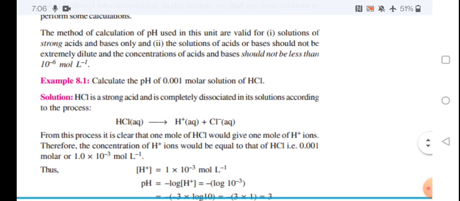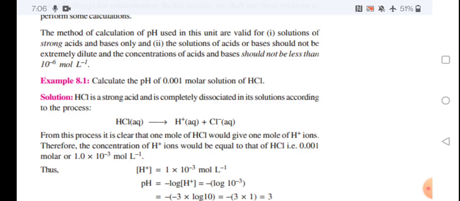First one, calculate the pH of a 0.001 molar solution of HCl. We know that HCl separates as H plus and Cl minus.